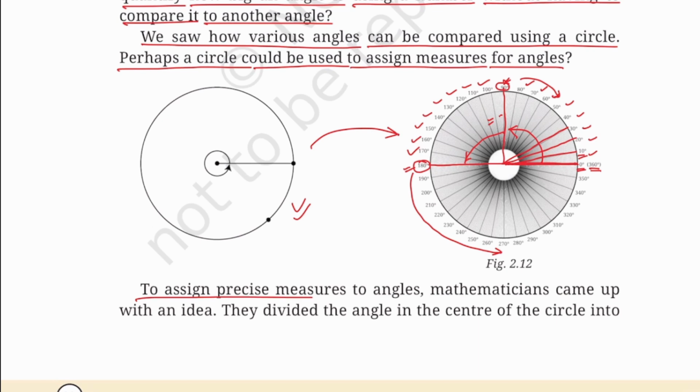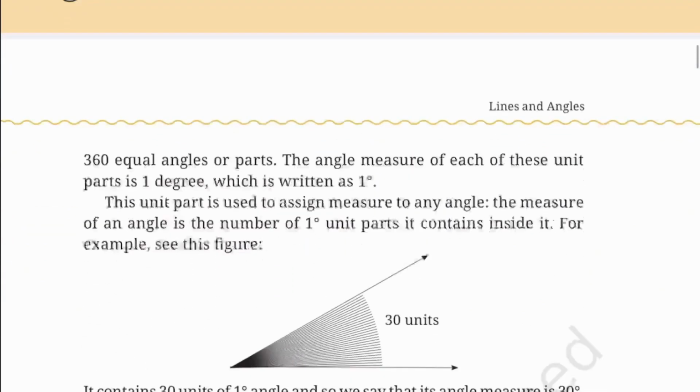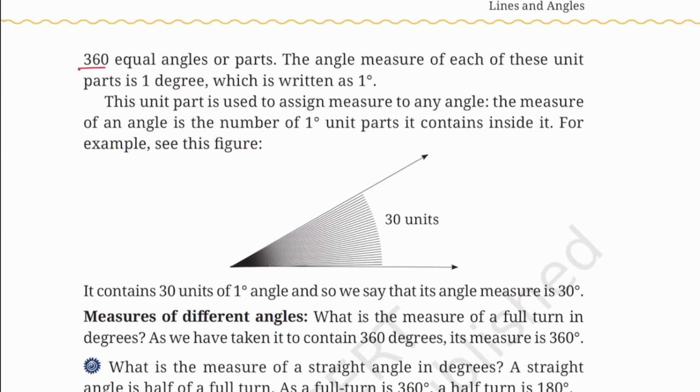To assign precise measures to angles, mathematicians came up with an idea. They divided the angle in the center of the circle into 360 equal angles or parts. The angle measure of each of these unit parts is 1 degree, which is written as 1°.